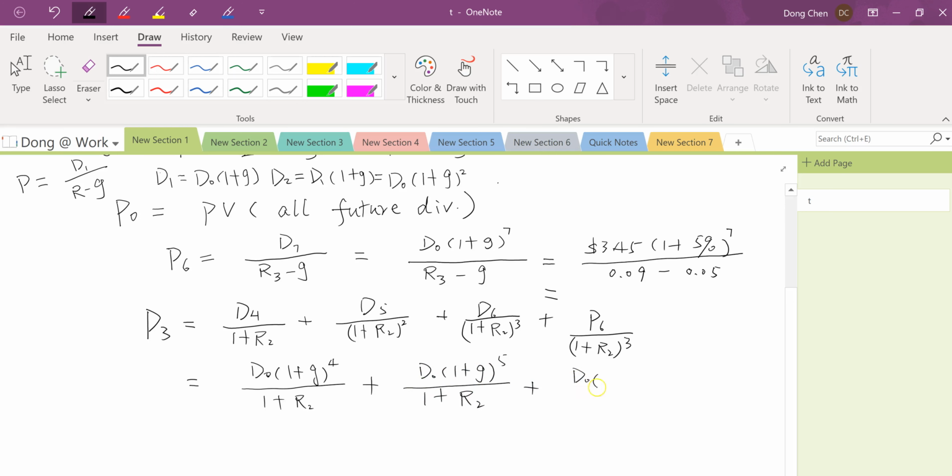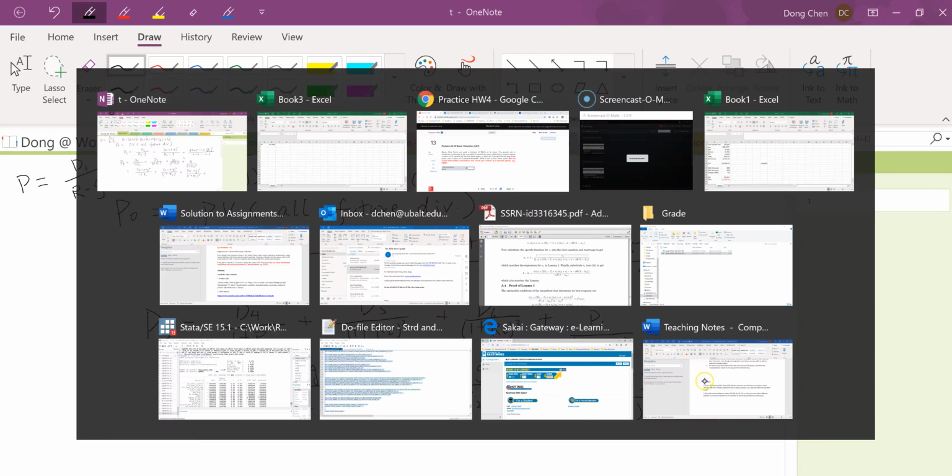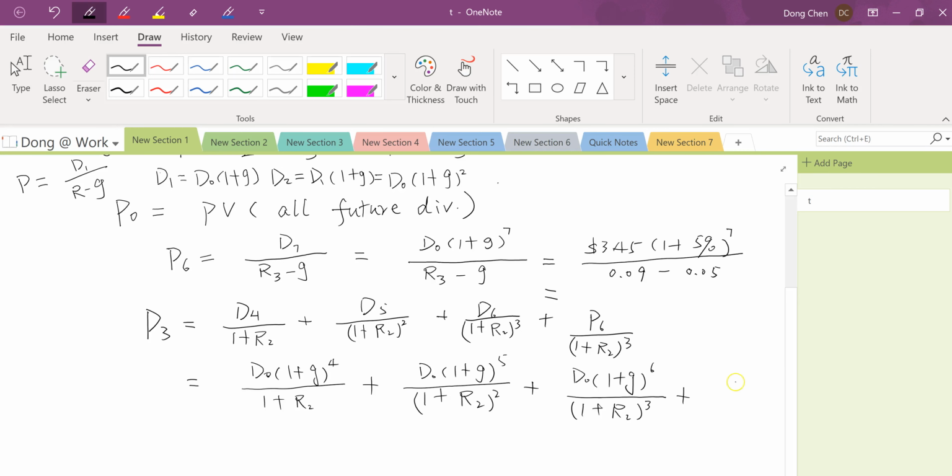Plus D0 times 1 plus G to the 6th power, divided by 1 plus R2 cubed. And finally, P6 is calculated here, so this is just P6 divided by 1 plus R2 cubed.